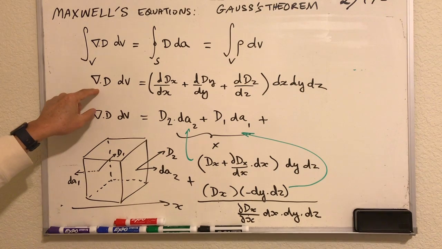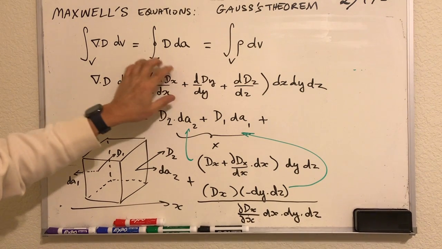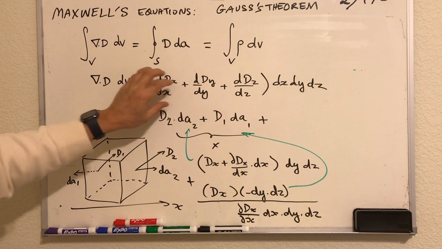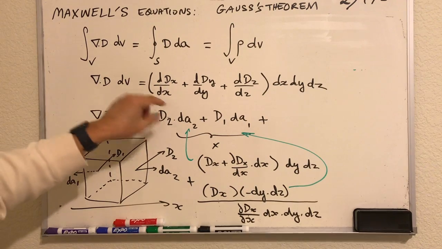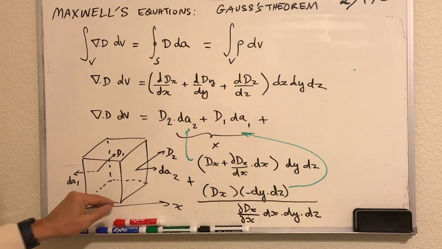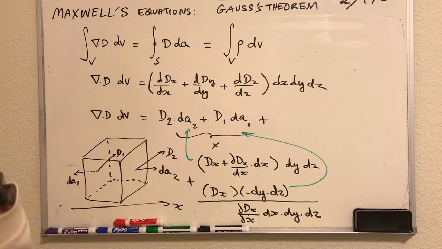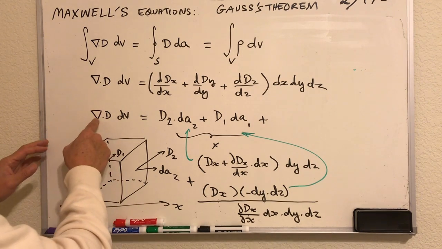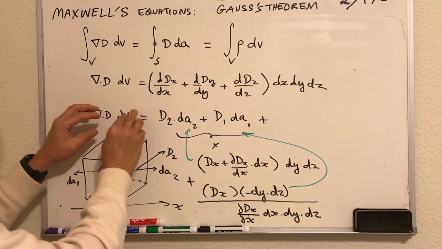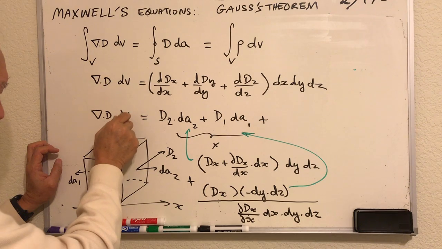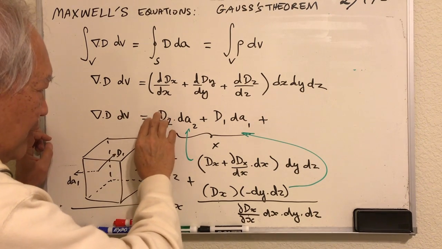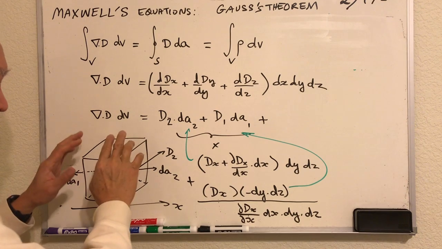So by definition, divergence of D is defined as the part within the parentheses here, and dV as a unit volume is equal to dx, dy, and dz, right? So let's redefine and visualize that the divergence of D multiplied by the unit volume, which is infinitely small here, would be the sum of 6 components.